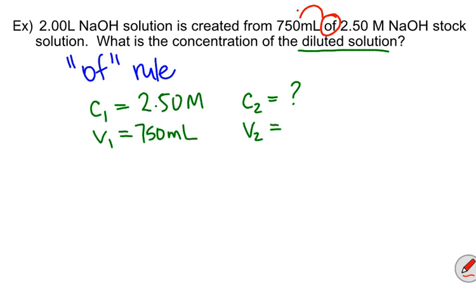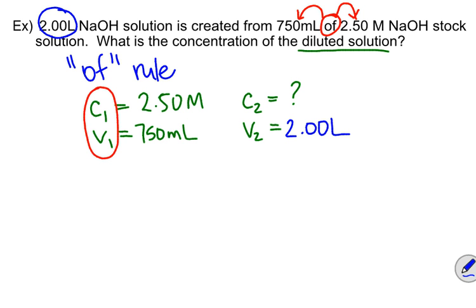Notice that "of" has a number before it and a number after it. Those 2 numbers have to have the same subscript. So "of" will link either C1 and V1 together or C2 and V2 together. So that means that my other volume over here must be the diluted one. So this would go over here.